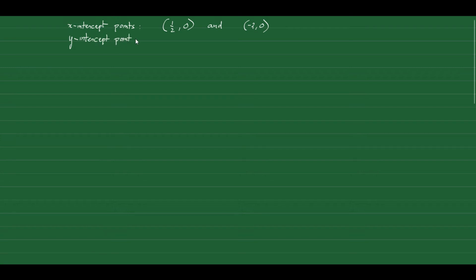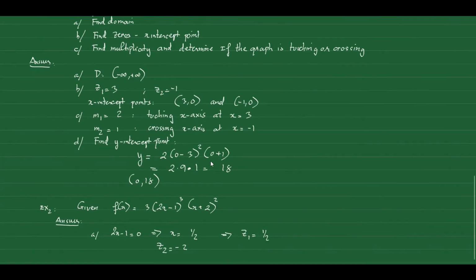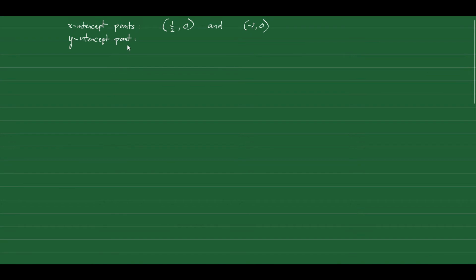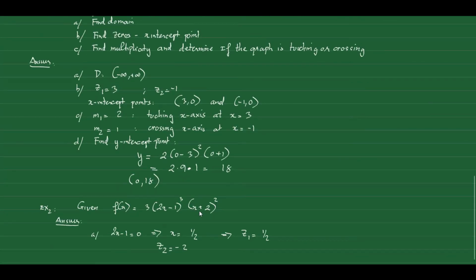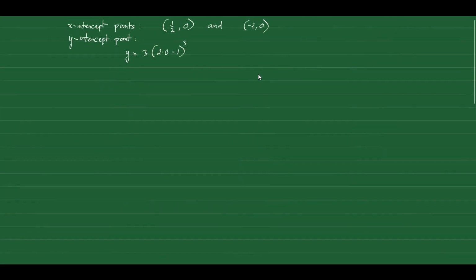To find the y-intercept point, you replace x with 0. So you have 2 times 0, times (2 times 0 minus 1) raised to the third, times (0 plus 2) squared.